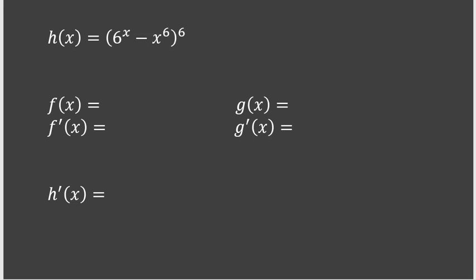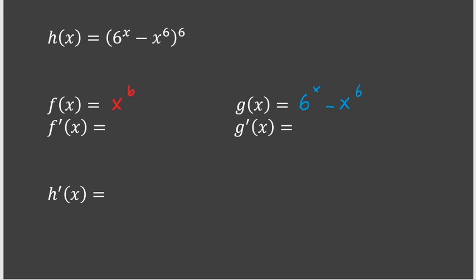So that's my g of x. g of x here is 6 to the power x minus x to the sixth. And then the power that the stuff is being raised to is my outside function. My inside function is taking the place of just x, so my outside function is going to be x to the sixth.